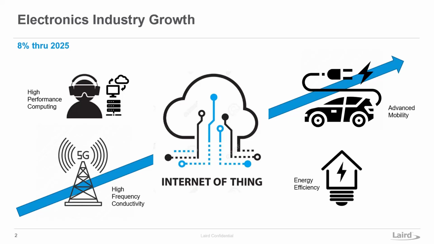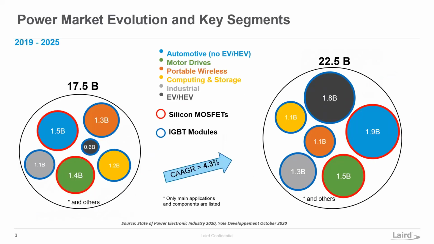remotely. And as we then drill down a little farther and look at the power market and what's going on there, we can see it's slated to grow quite aggressively over the next 4 or 5 years as well. And this is really driven mainly by the automotive industry.